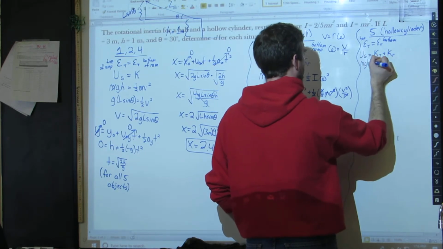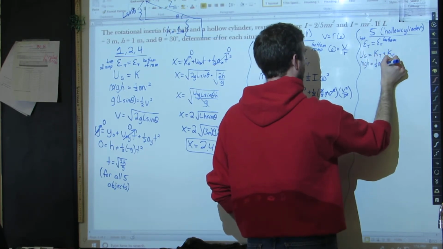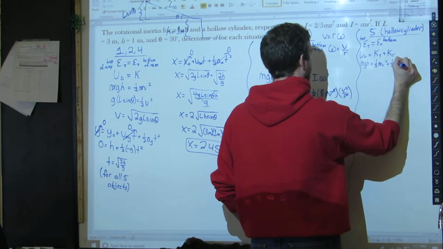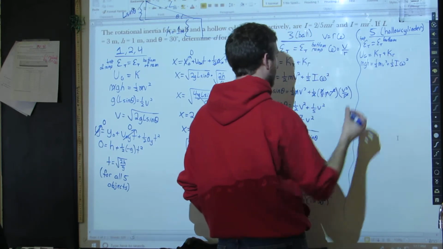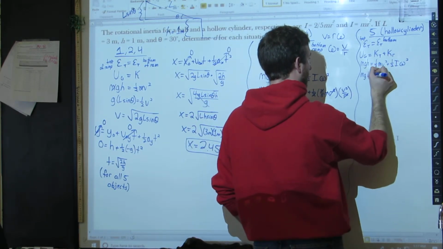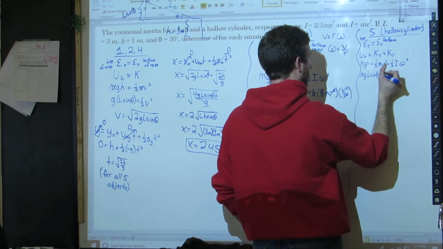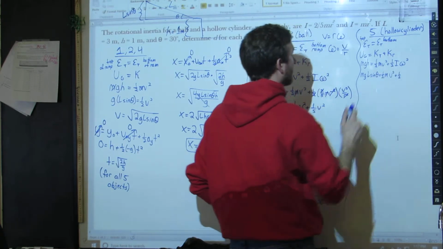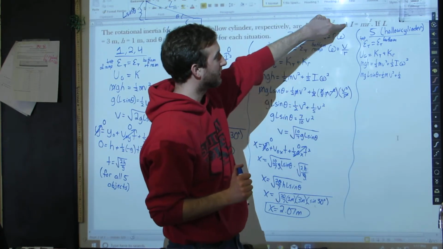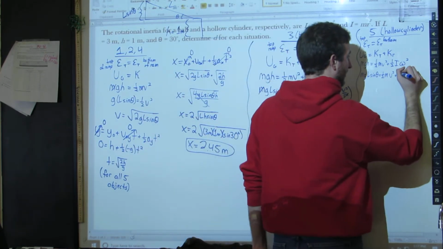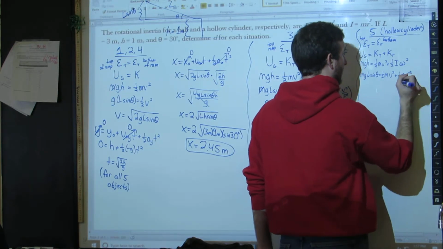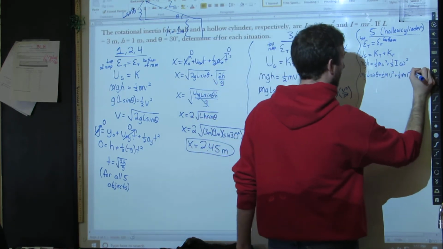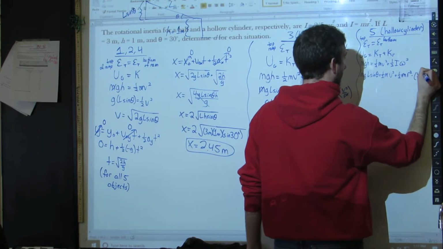We know this is mgh, 1/2 mv squared plus 1/2 I omega squared, mgL sine theta, 1/2 mv squared plus 1/2 I omega squared. Now, for a hollow cylinder, rotational inertia is just m r squared. Omega squared would still be v squared over r squared.